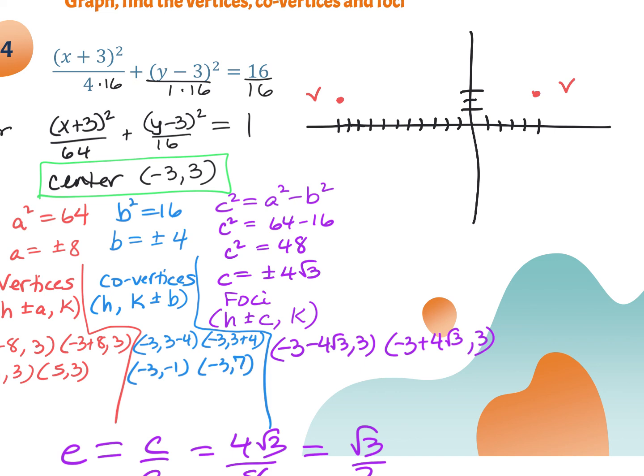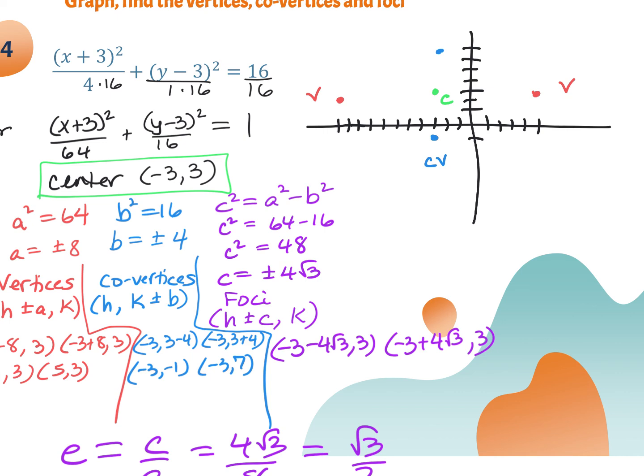My center was also located at -3, +3. My co-vertices are located at -3, -1. So that's a co-vertex. And then also at -3, +7. So 4, 5, 6, 7.